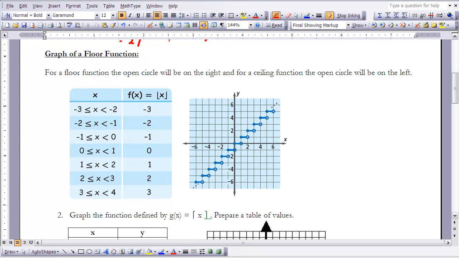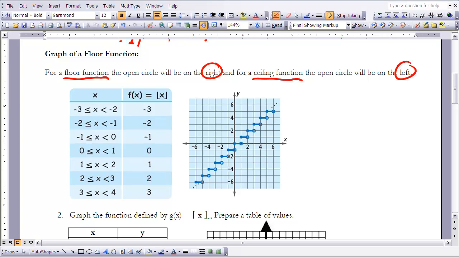Next, let's look at the graph of a floor function. When graphing a floor function, there's an open circle on the right. For ceiling functions, the open circle will be on the left. Every number between negative 3 and negative 2 will round down to negative 3.